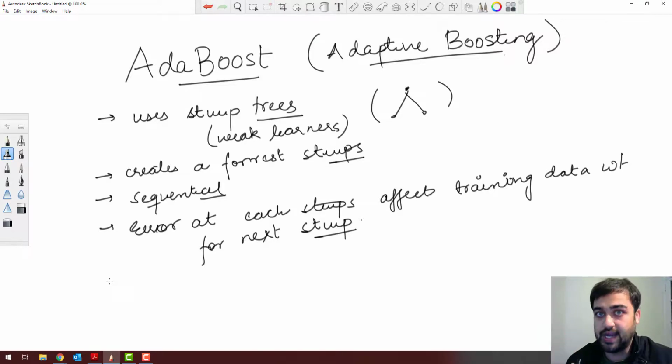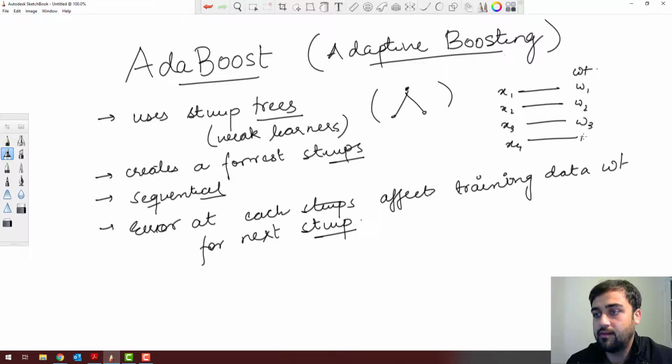Now this weight is a different weight. Till now, we're talking about weights associated with each data sample, right? So let's say this is x1, x2, x3, x4. These are our data samples and we have weights associated with each of them. Now, each of the stumps is again associated with another weight that is given as lambda i.